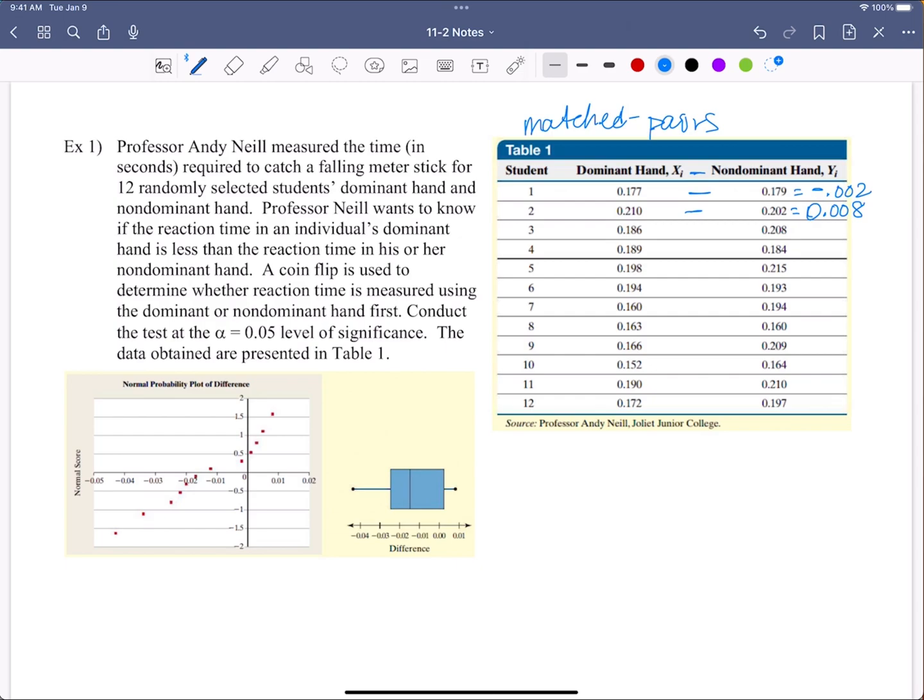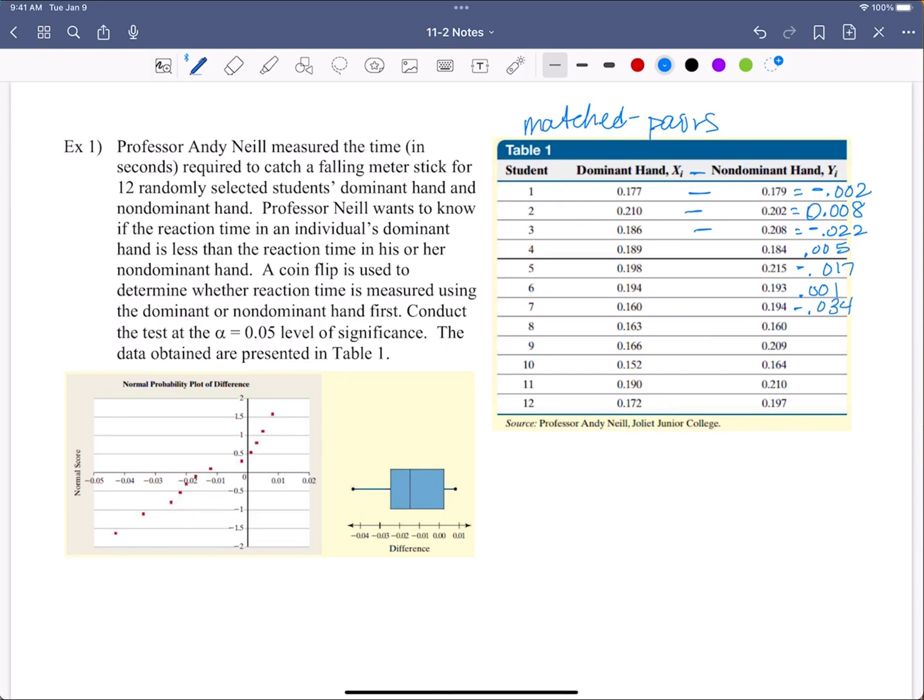Okay, so do all these subtractions. We're just literally going to go through here and do these subtractions. Negative 0.022, 0.005. Keep going, keep going. Negative 0.017, 0.001. Check and make sure I'm doing these right. 0.034.